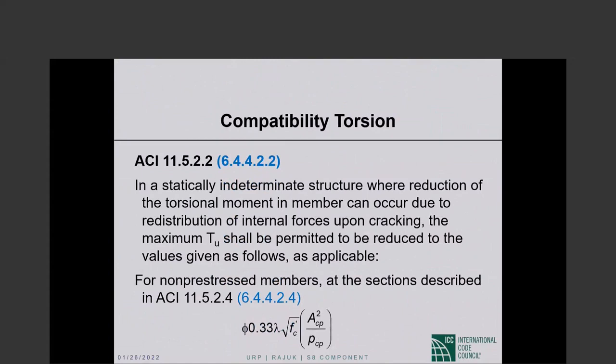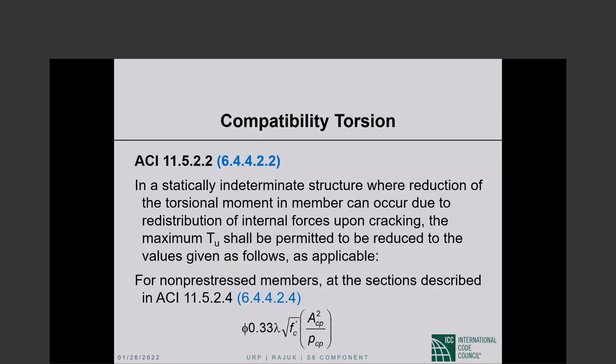In a statically indeterminate structure, where reduction of the torsional moment in a member can occur due to redistribution of internal forces upon cracking, the maximum T sub u shall be permitted to be reduced to the value given as follows. And this is the expression for cracking torque, 4 square root of f sub c prime times A sub Cp squared over P sub Cp.